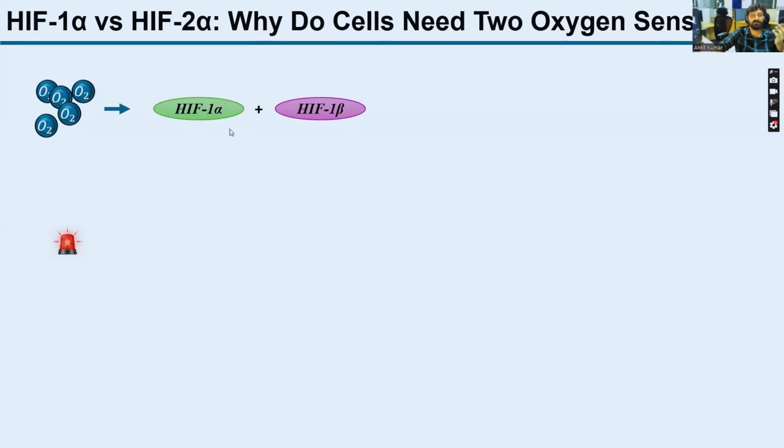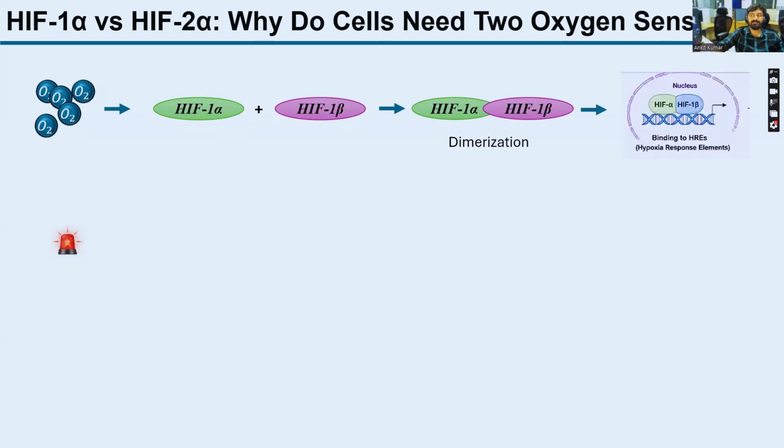Once the HIF-1 alpha is translocated inside the nucleus, it binds with the HIF-1 beta, and that forms the HIF-1 alpha, HIF-1 beta dimer. Right, and this dimerization takes place inside the nucleus, and now this complex, called the transcription complex, binds to the specific region of the DNA called the hypoxia responsive element, and then that basically activates target gene transcription. So this basically activates the target gene.